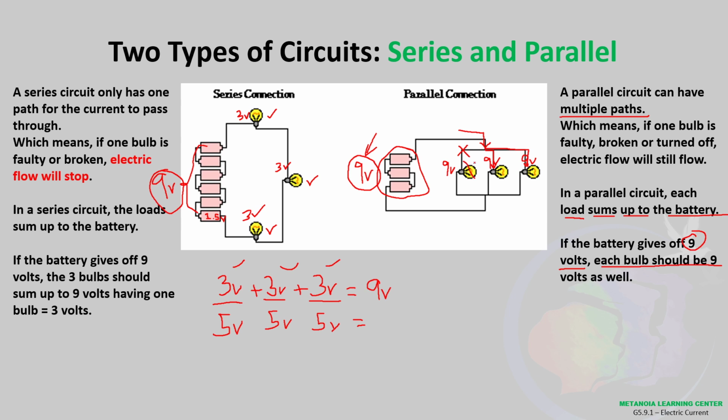Even if you're gonna destroy this bulb, remove it, electric flow is still present. Unlike here, if you're going to cut the wire here, as you can see, the electric flow naman is also cut as well. Unlike for a parallel connection, makikita nyo that even if you're going to cut at this point, may kuryente pa rin. Unless kung dito nyo i-cut. If you're going to cut it here, so wala nang electric flow.